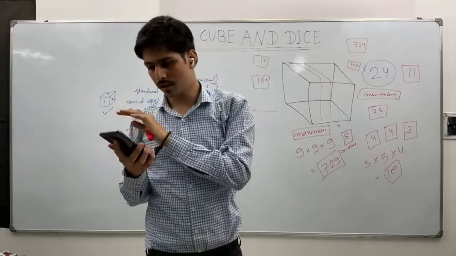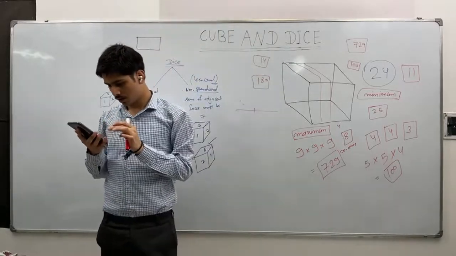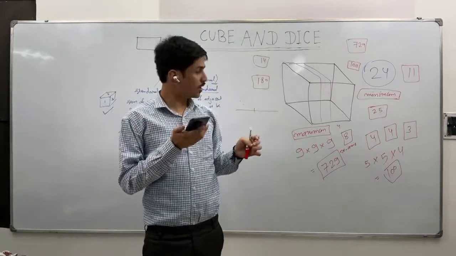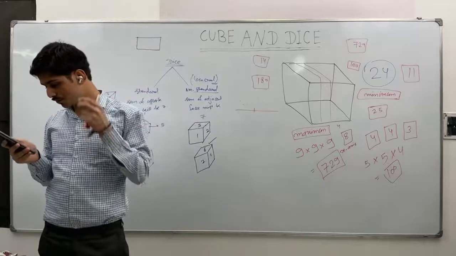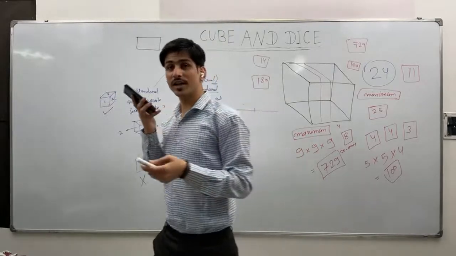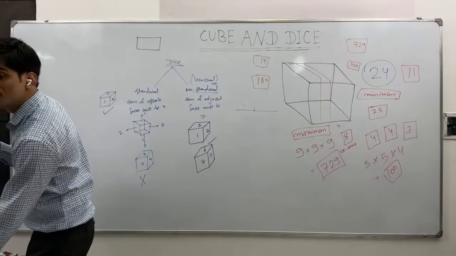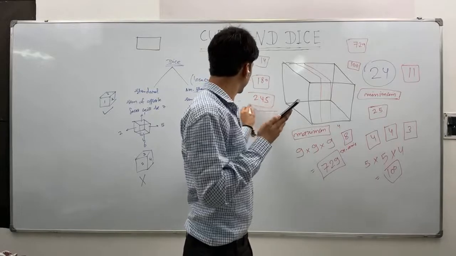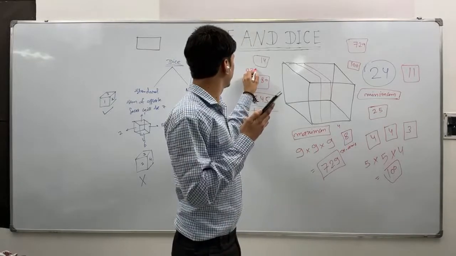We can, right? 225 we are getting, but my offline students are getting 180 only. 245. Okay, let's see who wins. 245, 180, 225.